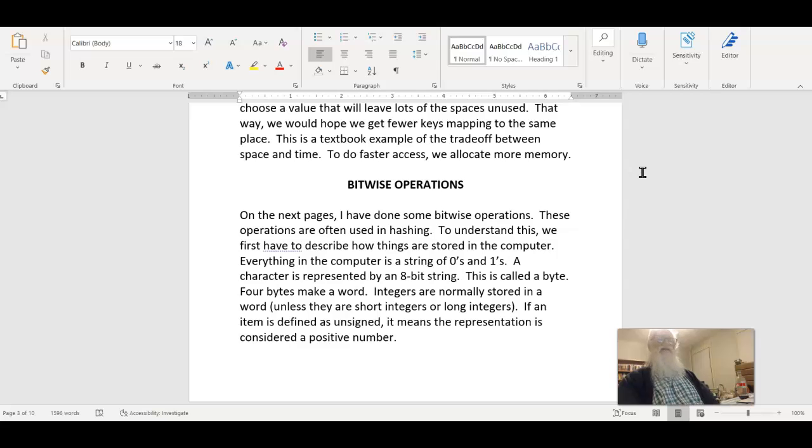The only place where you may have done this up to now is when we talked about strings way back in CSC 103. And we talked about the ASCII code, where each character had a set of eight ones and zeros that represented it.